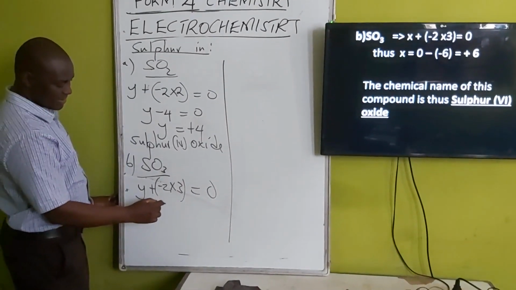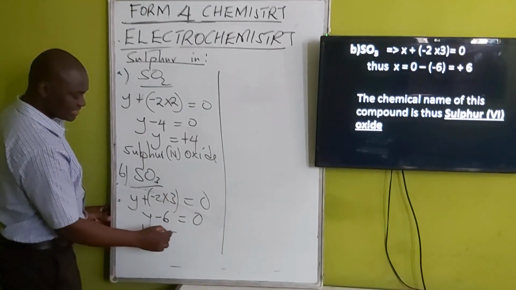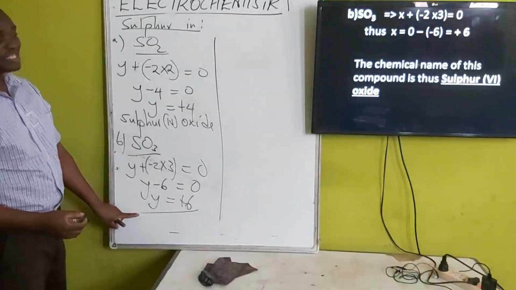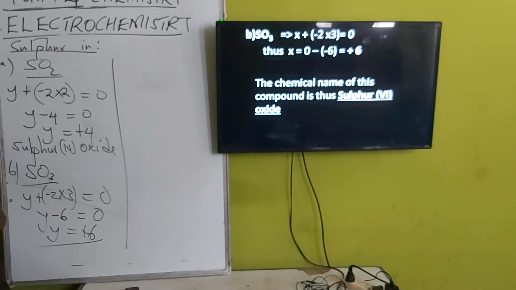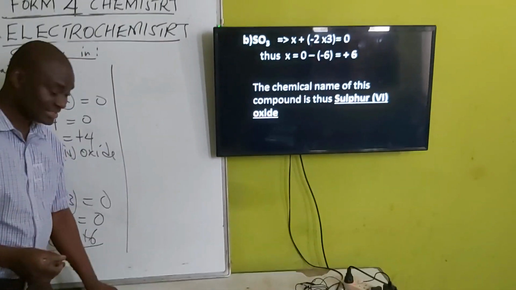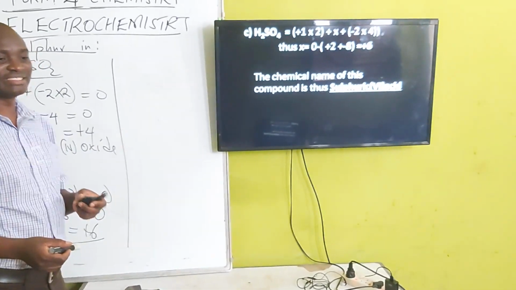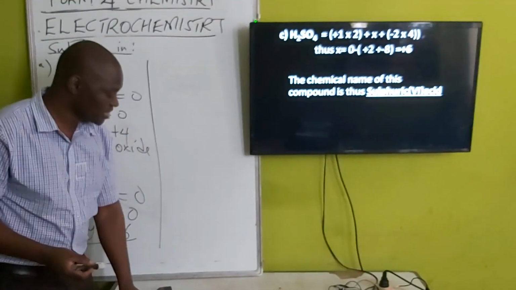So it is Y minus 6 is equal to 0, so Y is equal to +6. How do you call this? You call it sulfur 6 oxide, like the way it is shown on our screen.